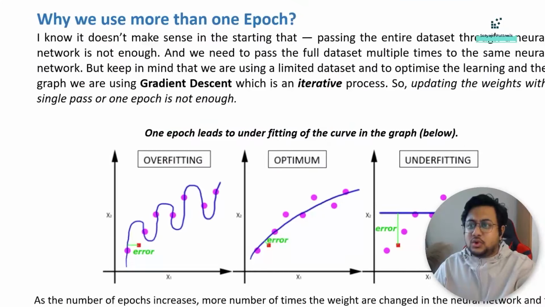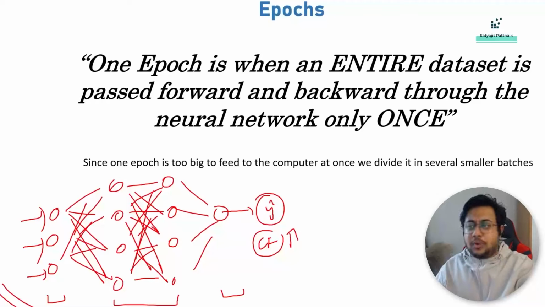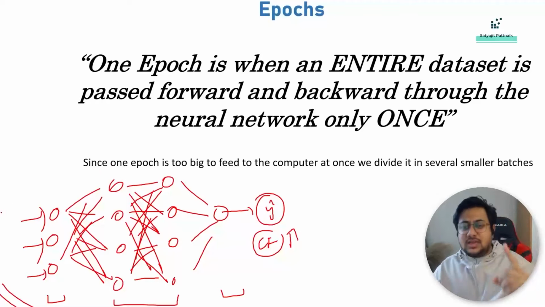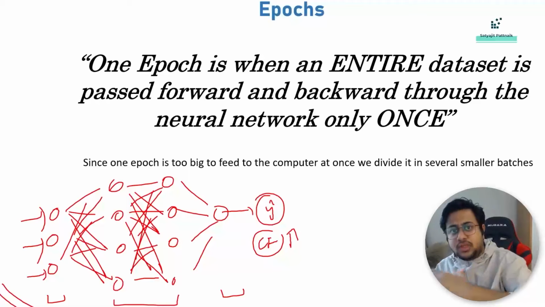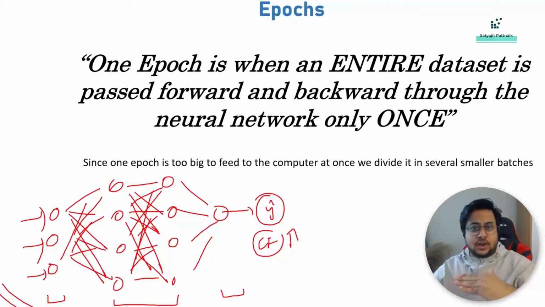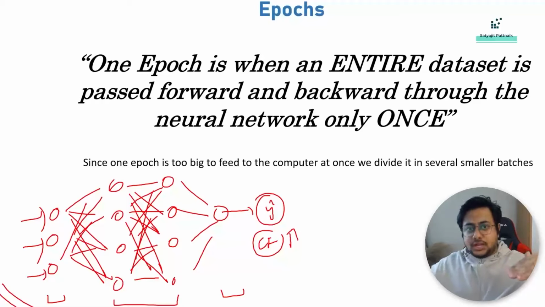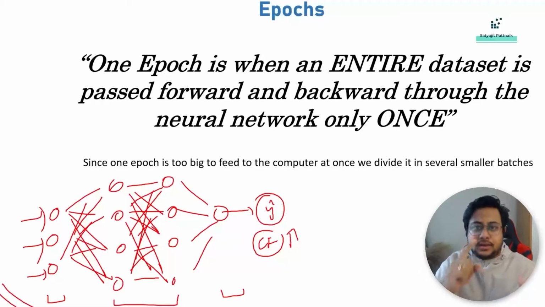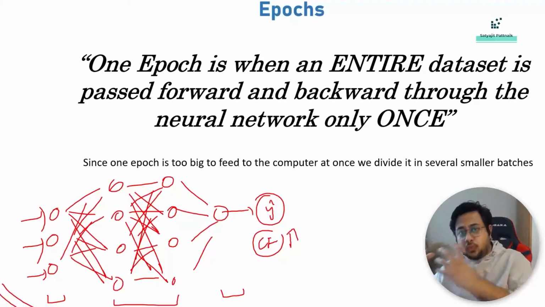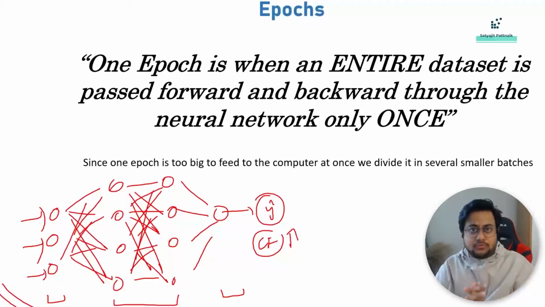Okay, so I'm quickly jumping onto the epoch part again. So the first time when your record goes through, if your batch size is 1 or 10 or 100, that entire flow, forward propagation and backward propagation, is called one iteration. The number of iterations required to complete one training cycle is basically called one epoch.